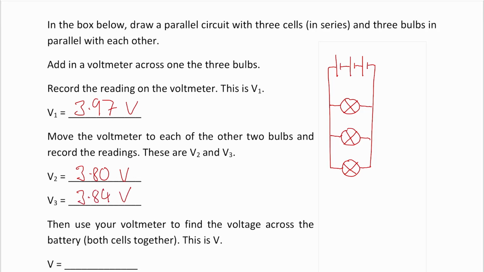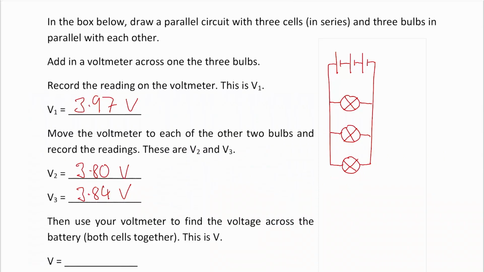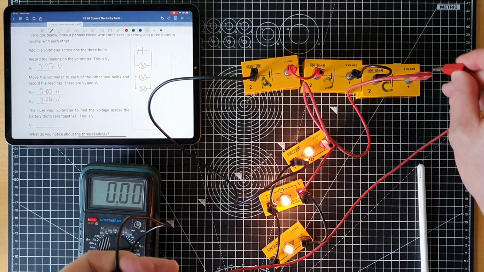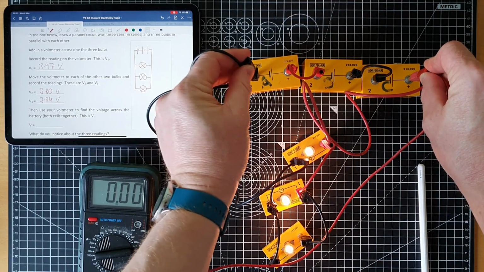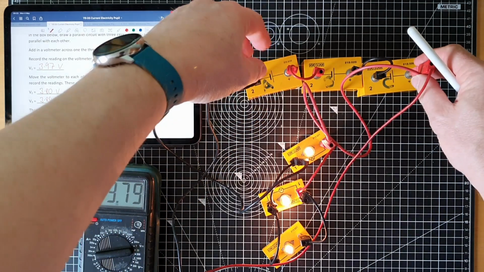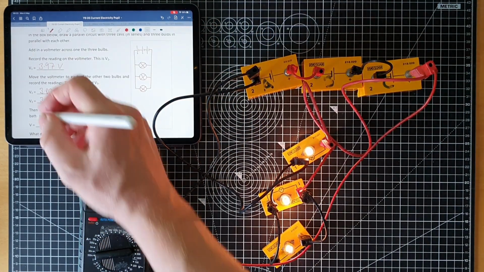So we're getting three very similar readings. Then use the voltmeter to find the voltage across the battery. It says both cells together, should say all three cells together. We're getting roughly about 3.93.